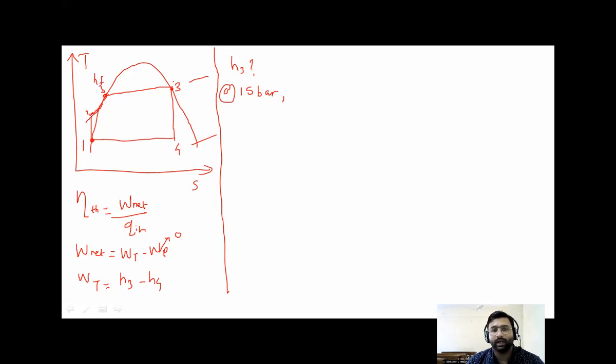Whatever enthalpy we get at dry saturated vapor condition is HG. The difference between these two is called HFG, which is given in your steam tables. So at 15 bar, H3 will be equal to Hg, which is equal to how much?